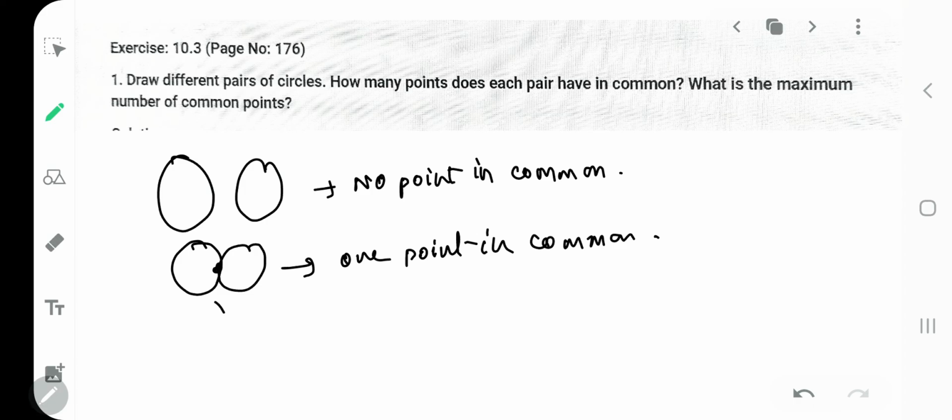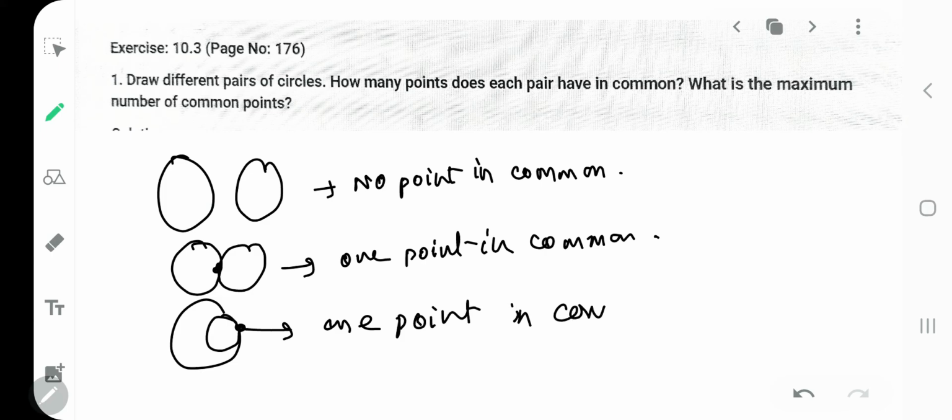Sometimes they can be touching each other internally, so you can say again one point in common. Sometimes they will intersect each other like this. At that point you have 2 points there, so you will write 2 points in common.